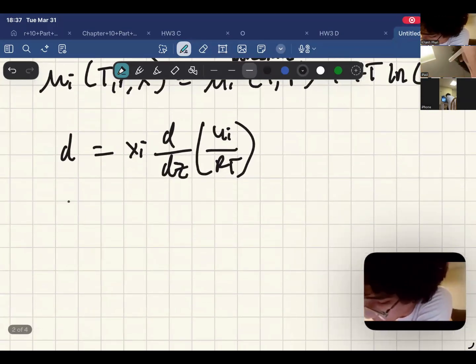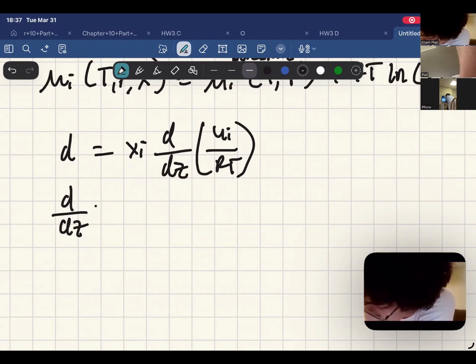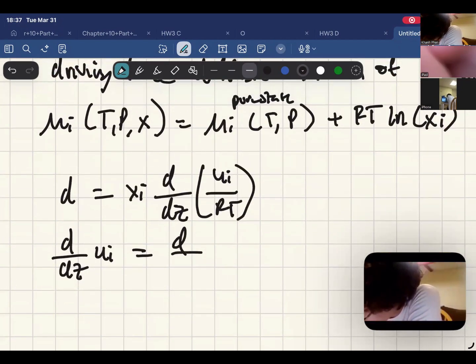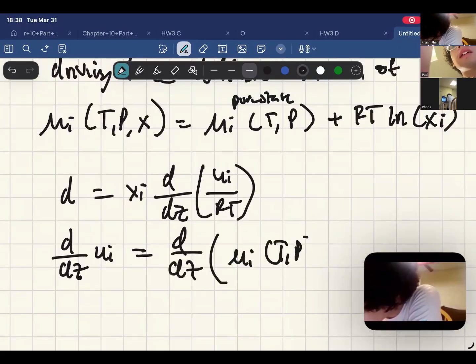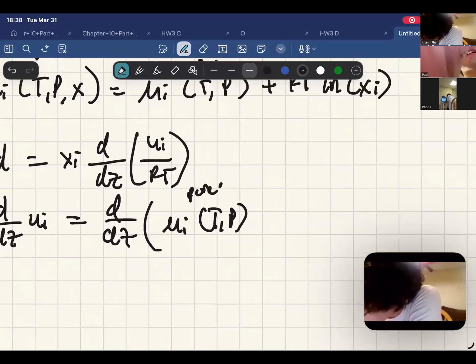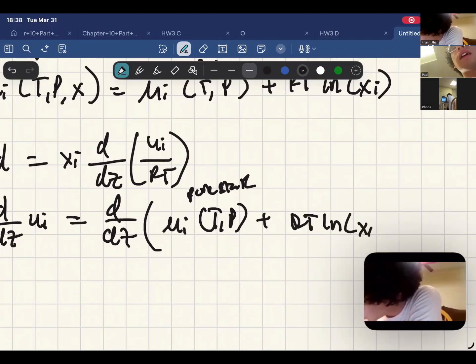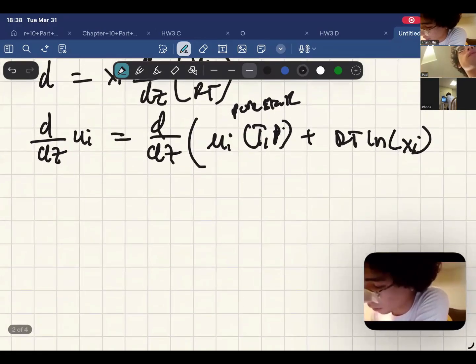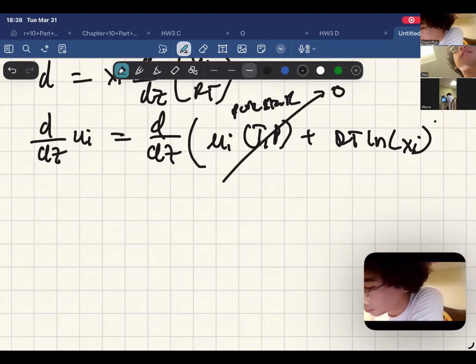So now we're going to find the derivative of μ_i. The derivative with respect to z of μ_i is the derivative of μ_i at the pure state, plus RT ln x_i. We know that the pure state term is a constant, so its derivative would be 0.